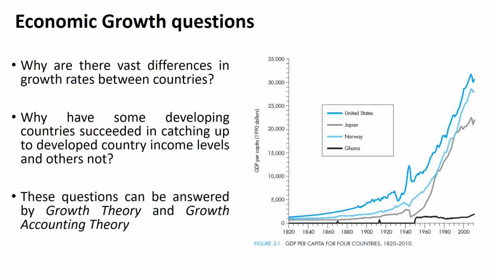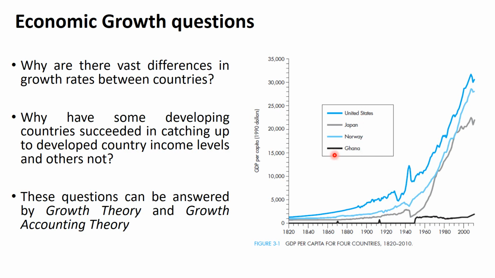Before we get to those growth theories and try to understand the differences between the two types of theories, have a look at the figure on the right hand side of the screen. It shows levels of GDP per capita for four countries over time, specifically the US, Japan, Norway, and Ghana.